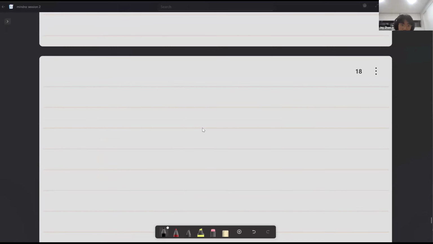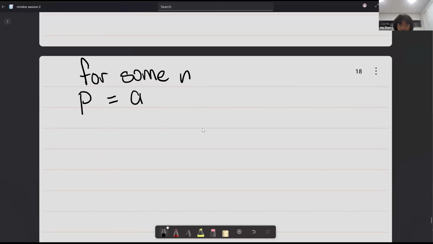So we want to prove that there are infinitely many primes of the form kn plus 1, for some number n.